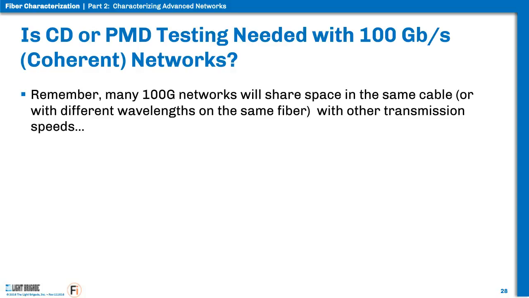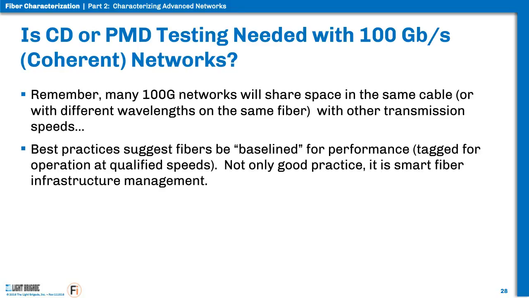But if you are going to be using, or you think you might be using that fiber for anything else, you really need to baseline. So the recommendation is baselining all your fibers, and tagging for operation at qualified speeds is one approach. It's not only good practice, it's smart infrastructure management, because things change.